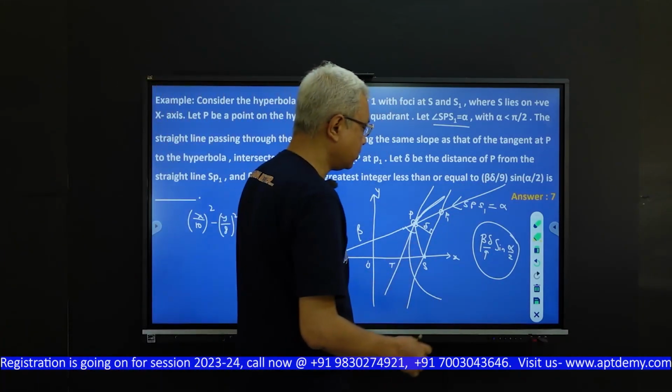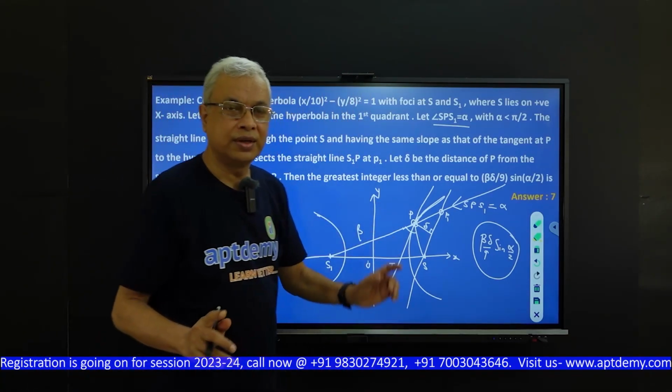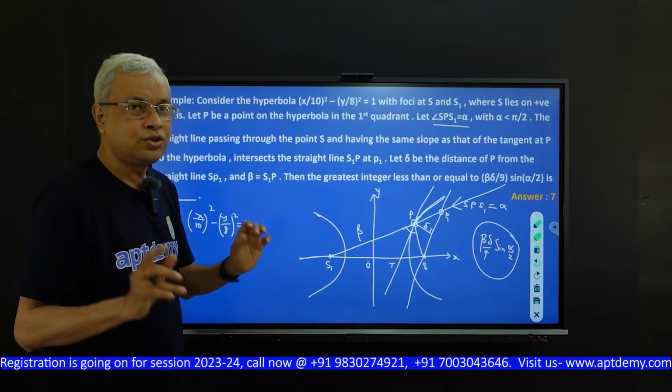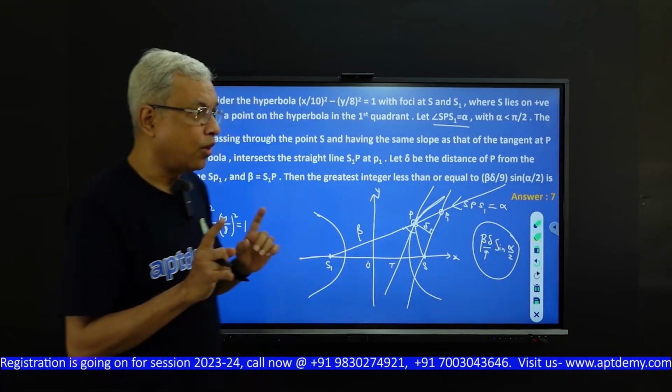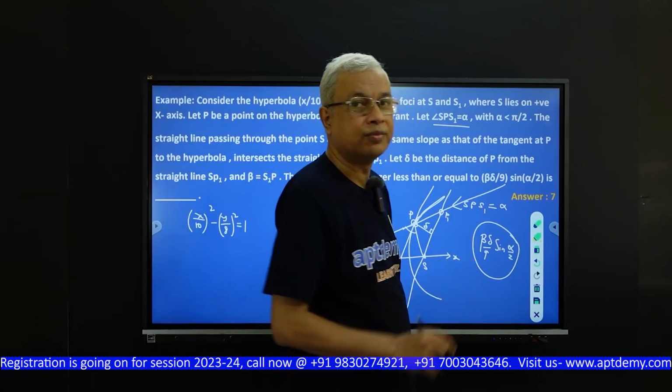That you have to find out. This is a very interesting problem. We need to know two basic, very important properties of hyperbola. Once we know these two properties, then it will be very easy to solve this problem.